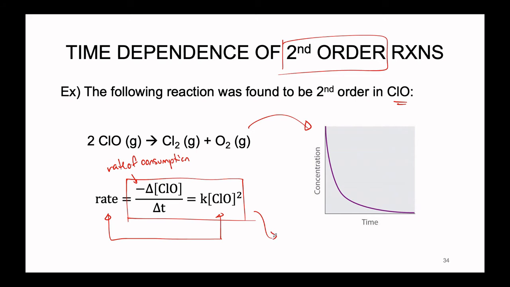And the goal in rearranging these equations, what we're solving for again, is the dependence of concentration on just a straightforward time variable. So again, we want to remove the change in time aspect.